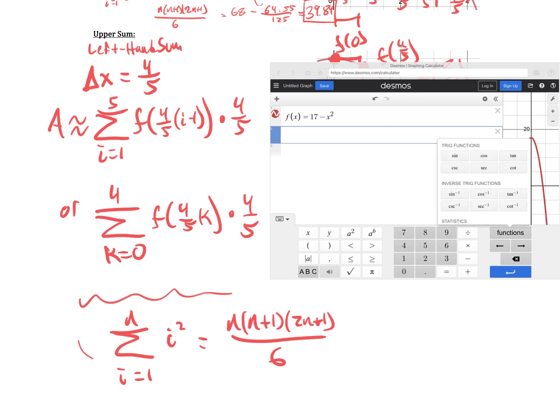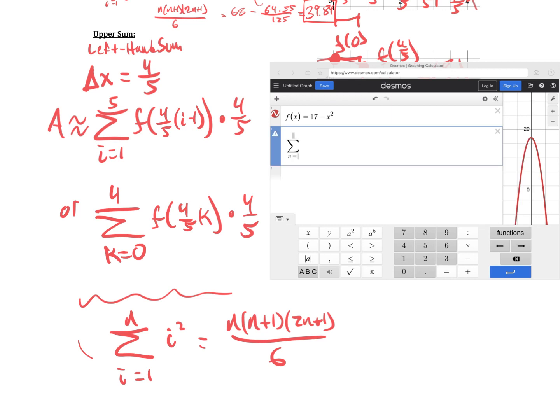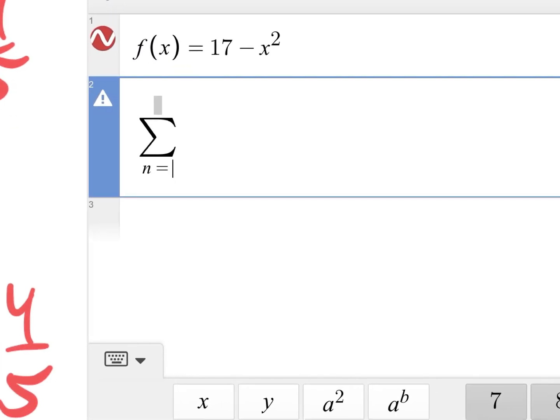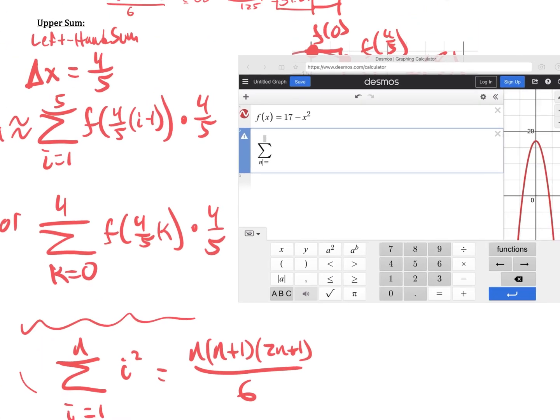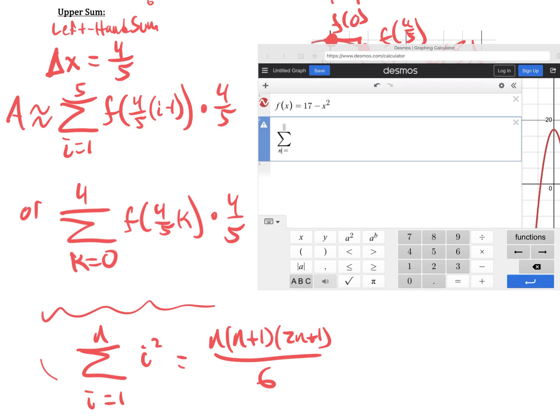So again on the Inspire, it's under Calculus and Sum. In Desmos, it's under Functions. Let's find it. There it is. Got to be careful. Notice that's n equals. I wonder if we could change it. We could probably change that. So if you wanted to change it to match your i, you could. It's just a letter. There we go.